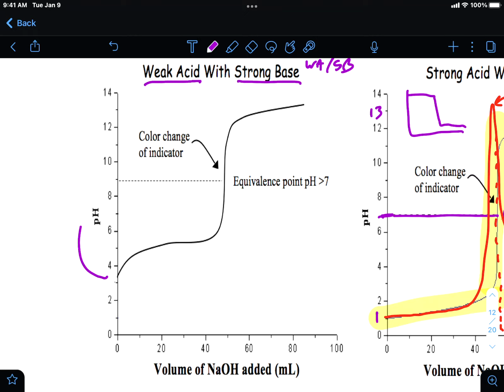Your pH range is roughly that wide. Okay. Then your equivalence point is above 7. In this particular graph, our equivalence point is at a pH of 9.